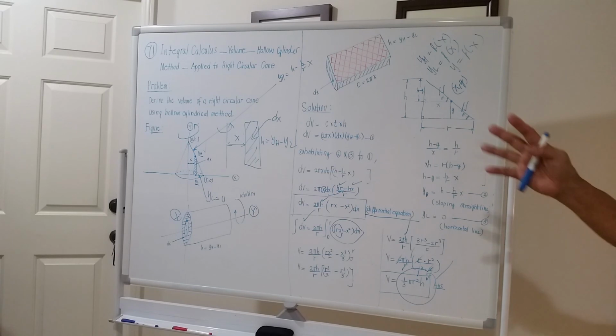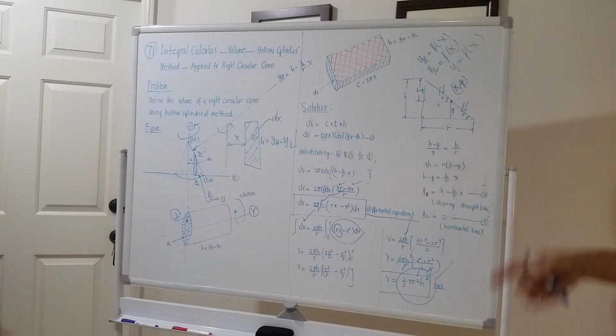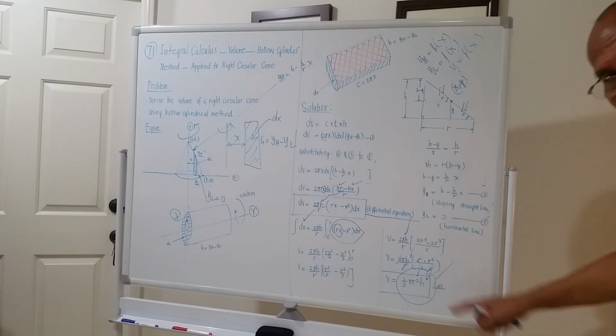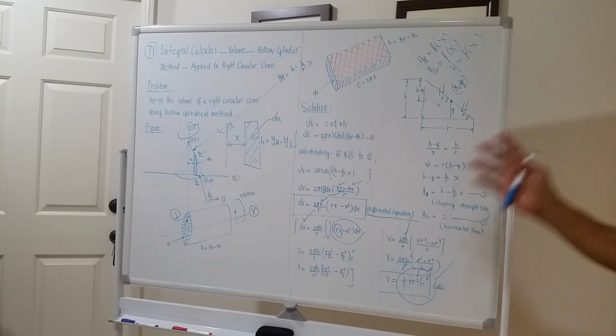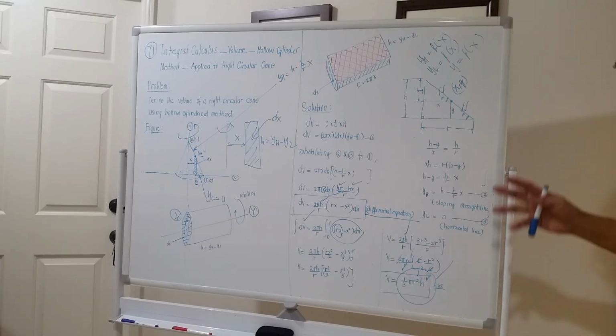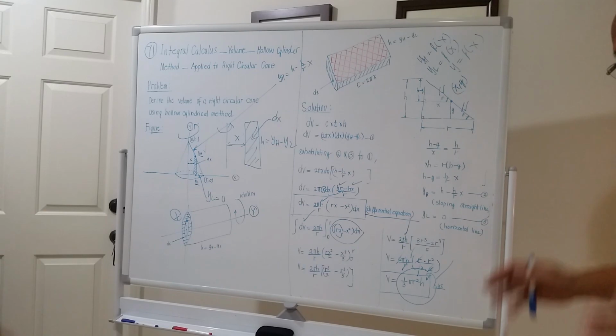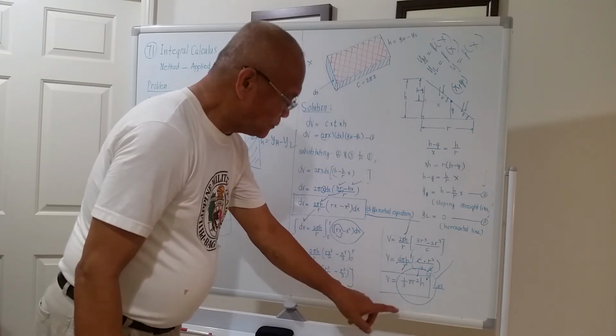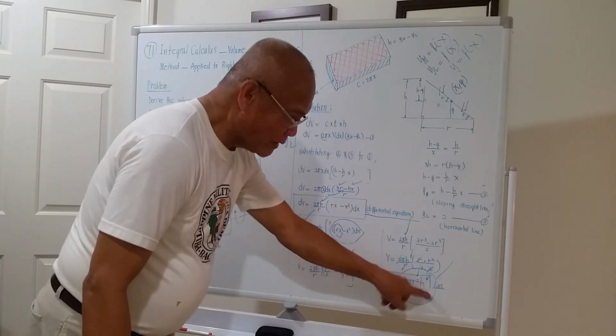Initially, on the first solution under the circular disk method, the volume is 1/3 pi r squared h. And by using the hollow cylindrical method, the volume will still be the same. We are deriving the same formula for taking the volume. That's the essence of mathematics. Volume now will be 1/3 pi r squared h.